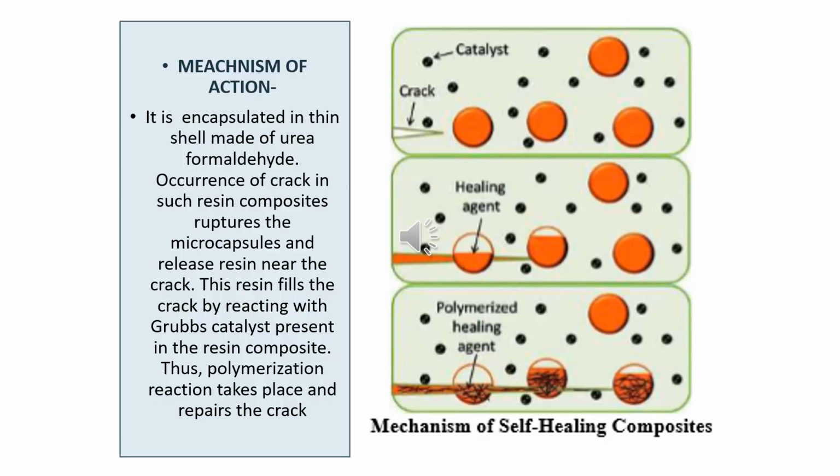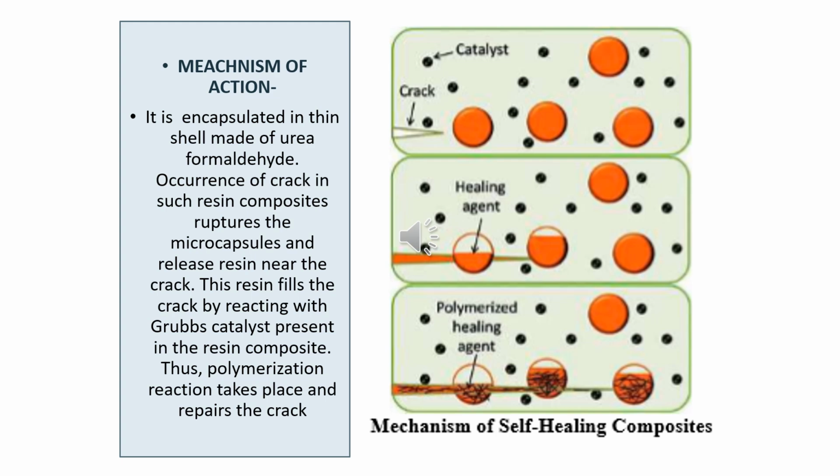Can you appreciate this diagrammatic representation? Here you can see that there is a crack that is occurring. In the restorative material, there are many Grubbs catalyst particles dispersed, and there are microcapsules filled with DCPD present there. So what happens when the crack is initiated? It gets in contact with the microcapsules.